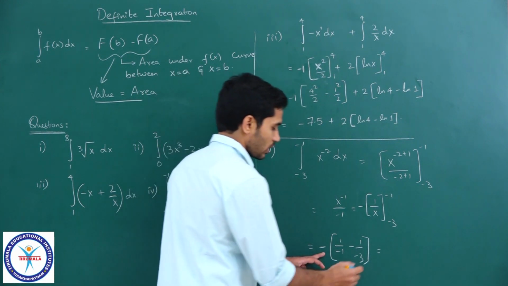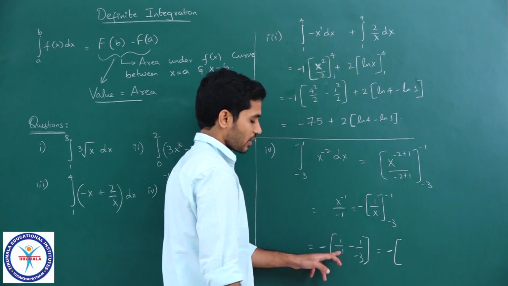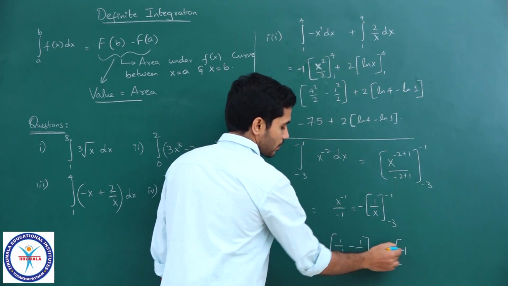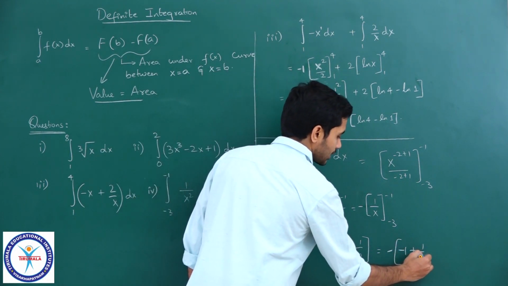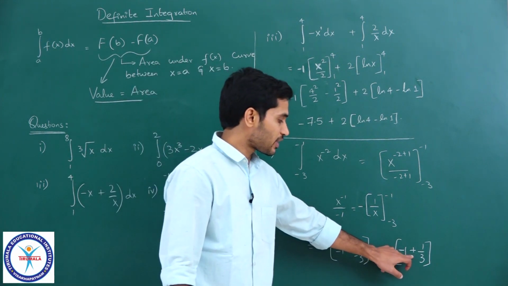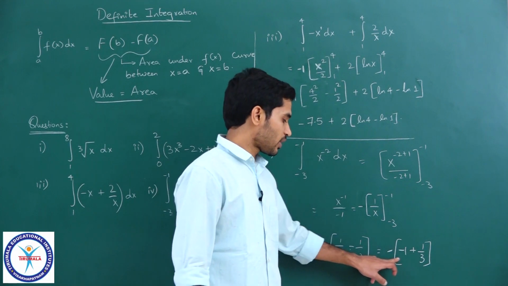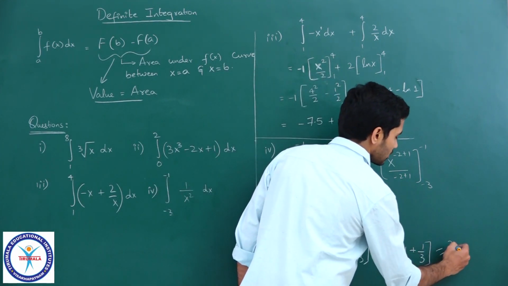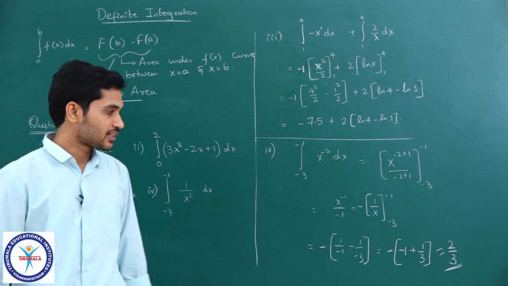So, this will be equal to minus of 1 by minus 1 is minus 1, and minus and minus will become plus 1 by 3. So, what is minus 1 plus 1 by 3? Minus 2 by 3. Minus 2 by 3 multiplied by minus will finally give you the answer as 2 by 3, clear. That should be the answer for that.